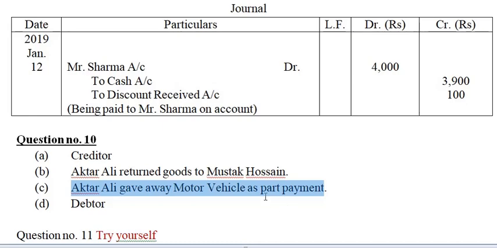By part payment, we mean the account has not been fully paid. We are just paying part of it. Let us say you go and purchase a mobile phone, and the cost of the mobile phone is 16,000, and you pay rupees 6,000. Remaining amount is 10,000. So this 6,000 is known as the part payment. It's not the full payment, but the part payment.